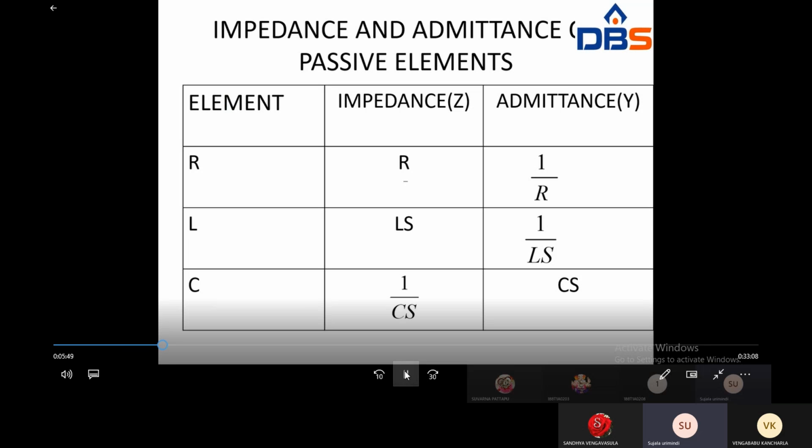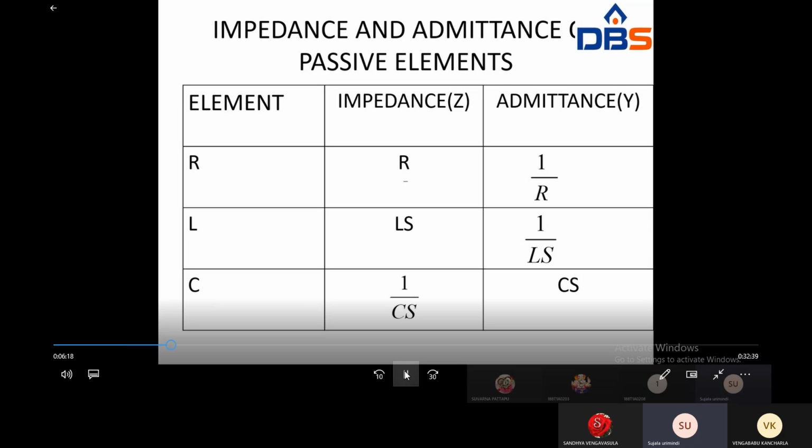So when you have to find either an RC network, RL network or LC network, when you draw the synthesis graphs, if the element is a resistor, there is no change: in the impedance it is R, in the admittance we take G. If the element is inductance, the impedance is L into S and the admittance is 1 by LS.